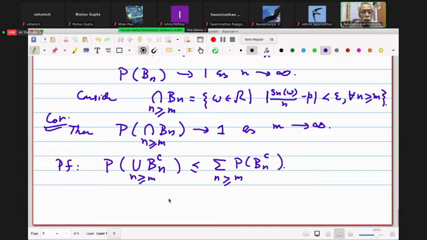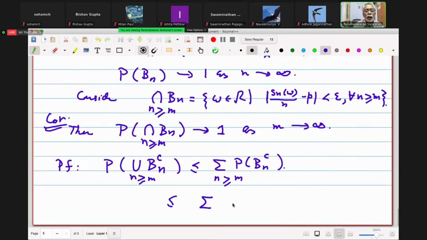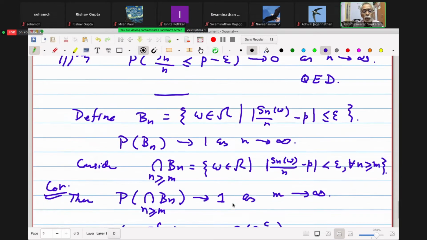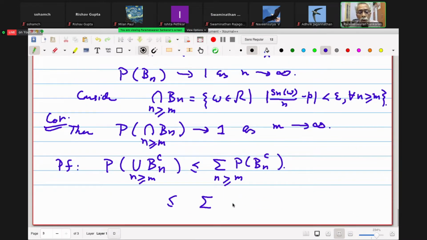So this is dominated by the summation of, what was the last thing we had, 2 times e power minus n epsilon square by 4, where n goes from m to infinity.